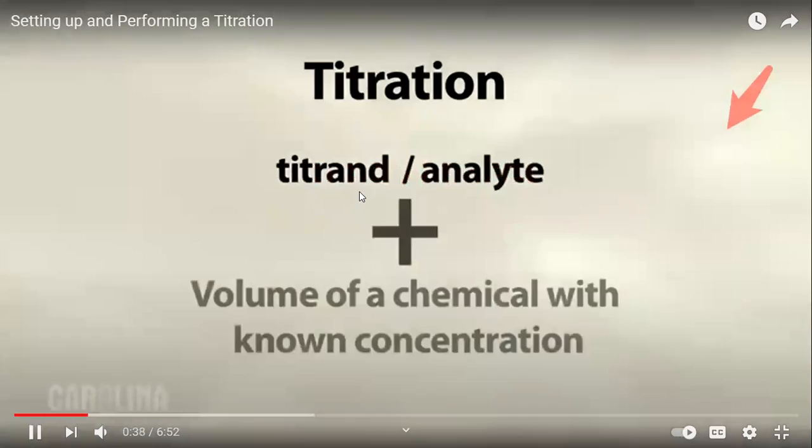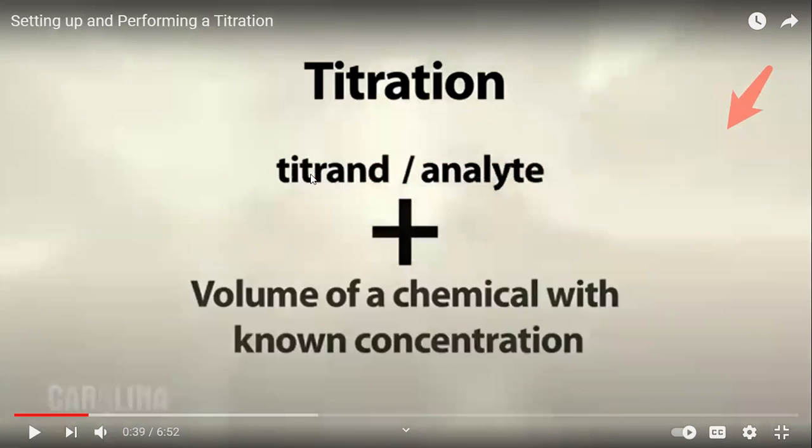So what do they mean by a titrant or the analyte? The analyte is the unknown, the one whose volume you are going to get. You are trying to analyze it. It comes from the word analysis or analyzing. If you are trying to get to know the exact volume of the unknown, the titrant, you must know its volume.